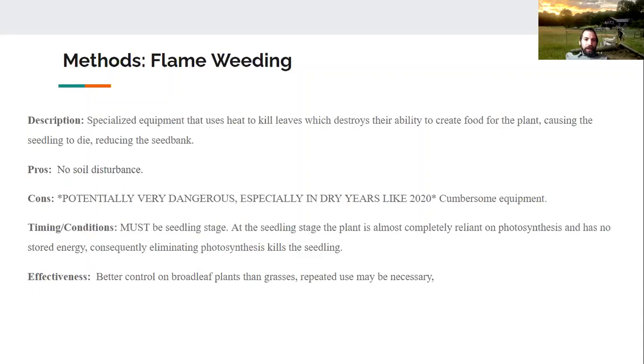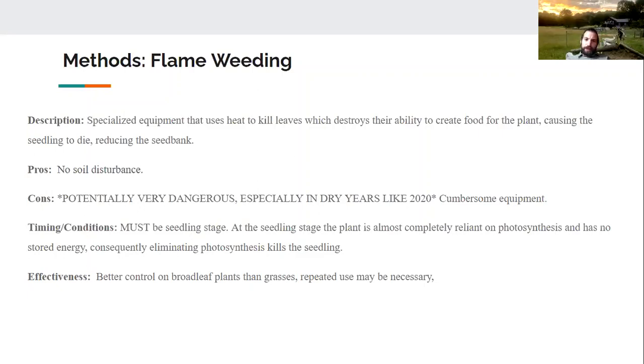But the timing has to be the seedling stage. If you wait too long and a root system establishes, then you're essentially just defoliating, and if there's any stored energy in there, the plant will be able to create new leaves.